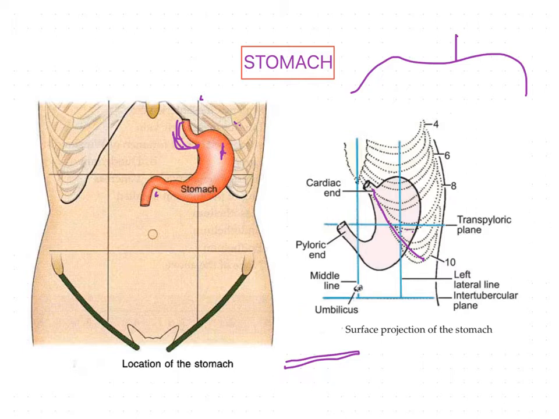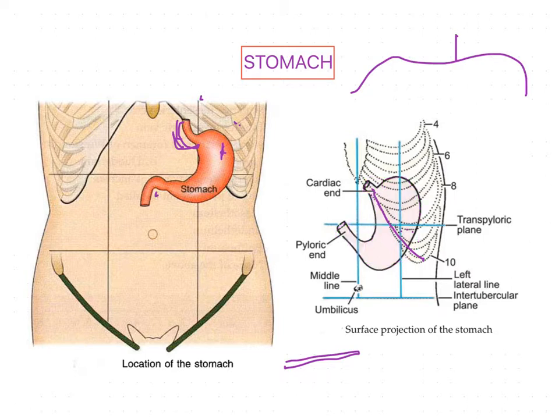You can see this is one curvature and this is another curvature, and 2 surfaces, one on this side and the other surface on the opposite side. Now we will see the names of those surfaces also.